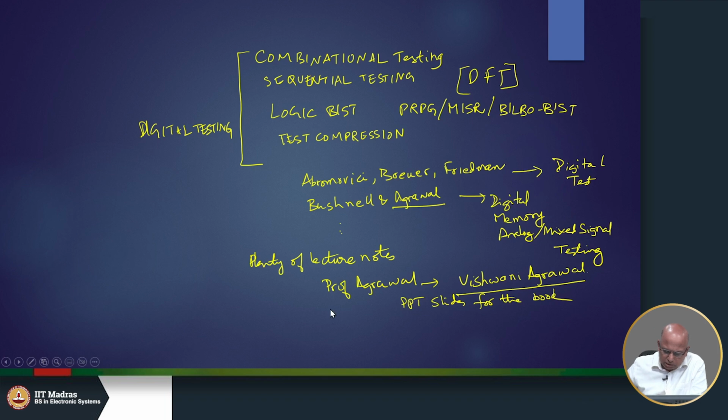And I may have mentioned to you that there is an international test conference that happens every year. There is also a VLSI test symposium that happens every year, and there is an Asian test symposium that happens every year, and there is also a European test conference, Euro test I think, which happens every year.